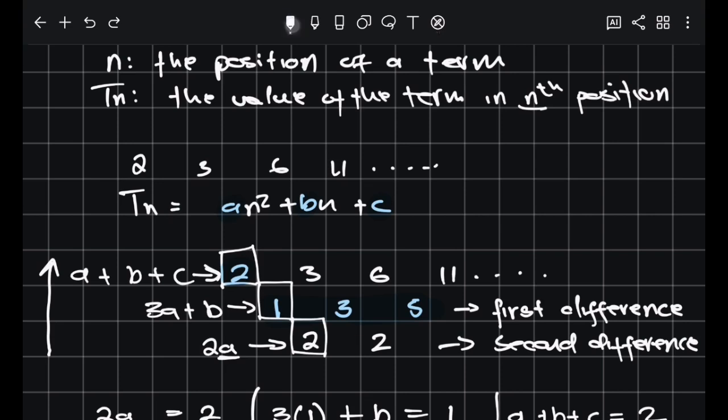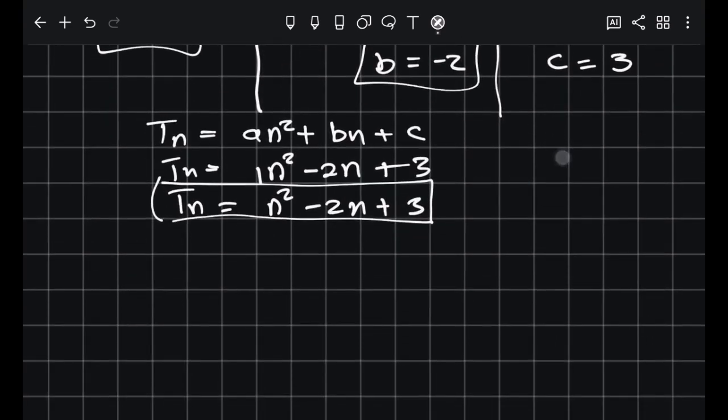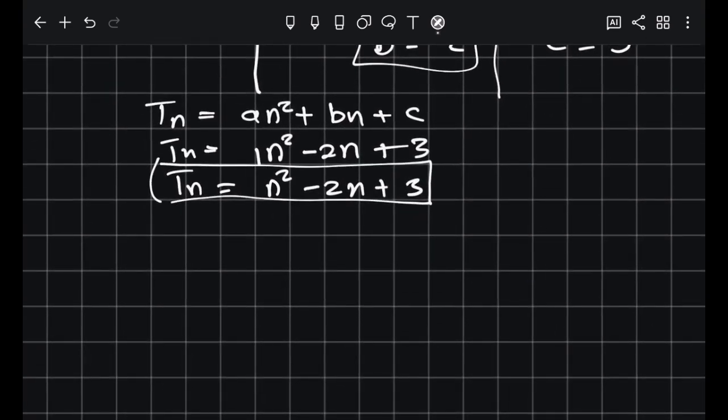So let's pick 6. We know 6 is in position 3. So let's try to find the value of the term. Remember, the value of the term is our Tn. Let's find the value of the term in position 3 and see if we do get a 6. If we do not, then we are wrong.